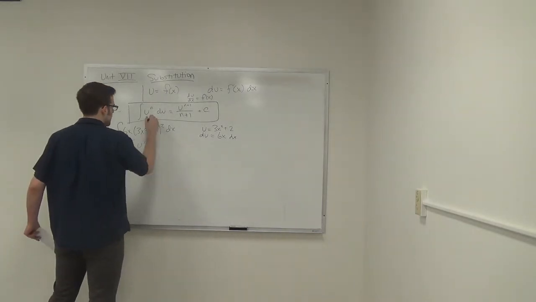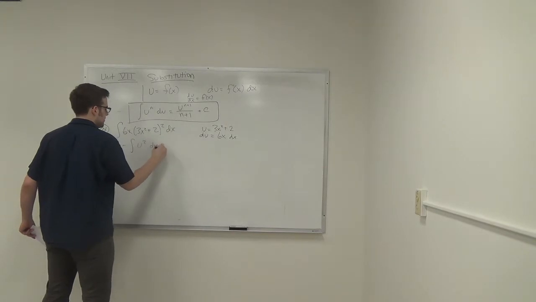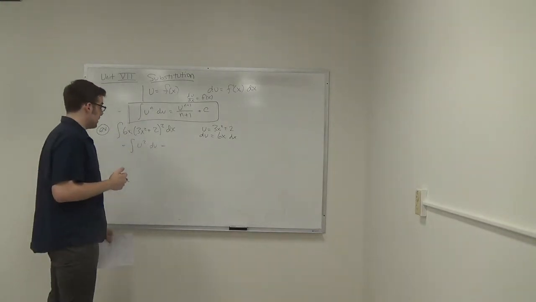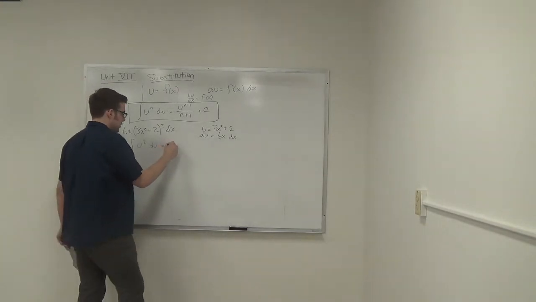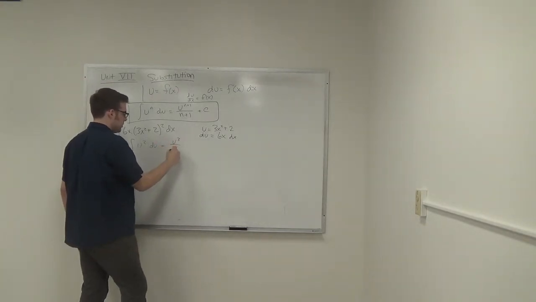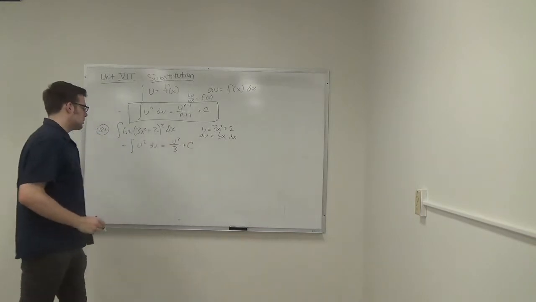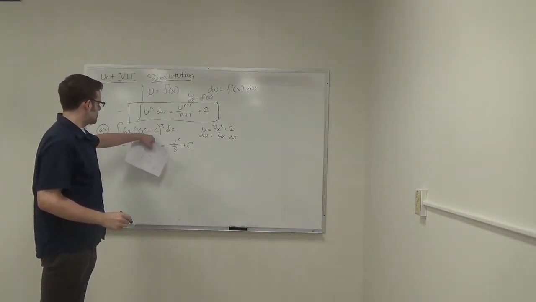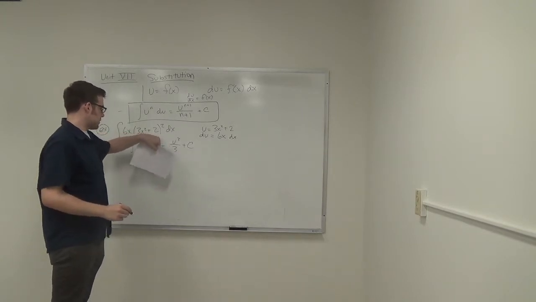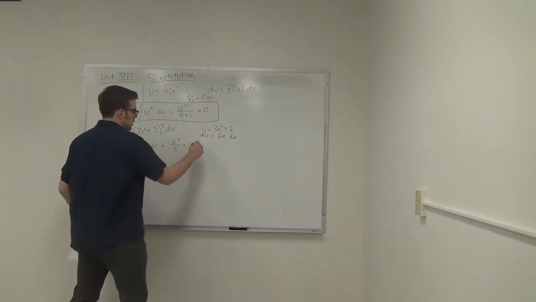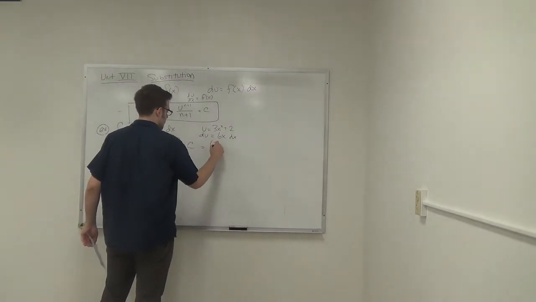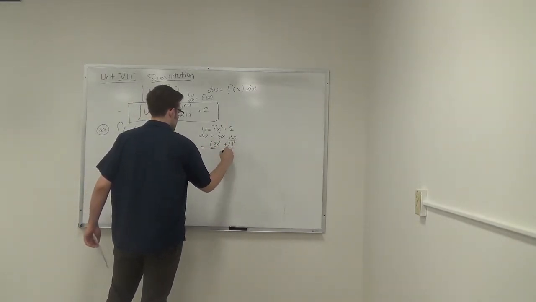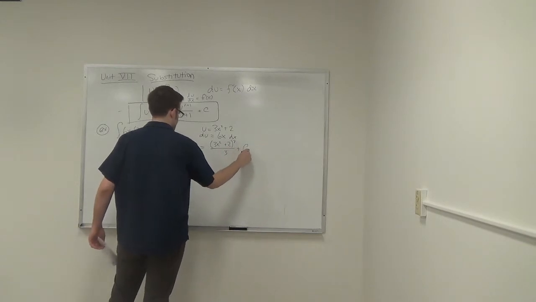And we can just evaluate using our typical power rule for integration. And we have u cubed over 3 plus c. Now we just bring this back in, 3x squared plus 2 into u, and we get (3x squared plus 2) cubed over 3 plus c.